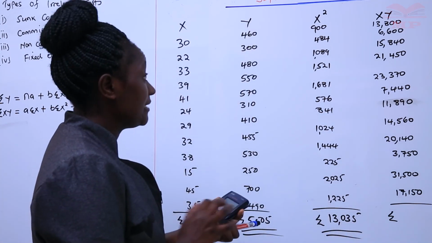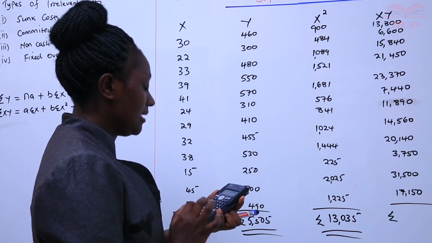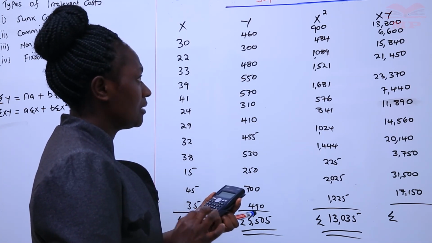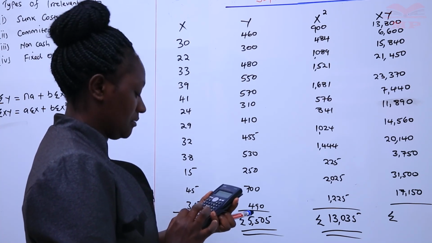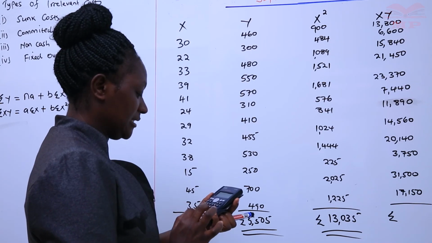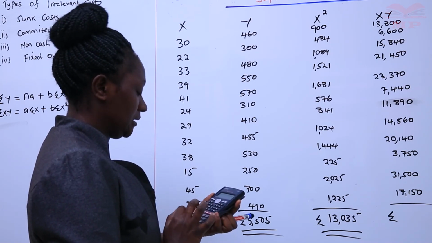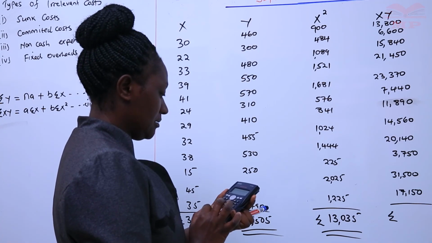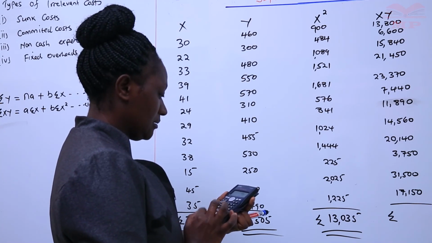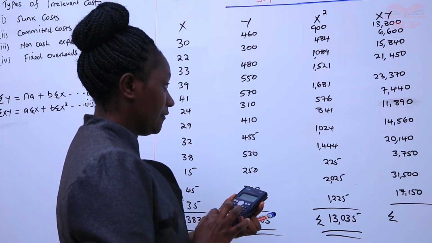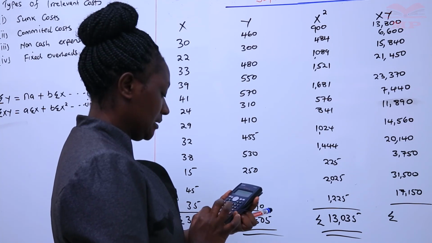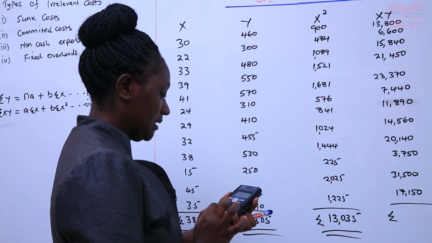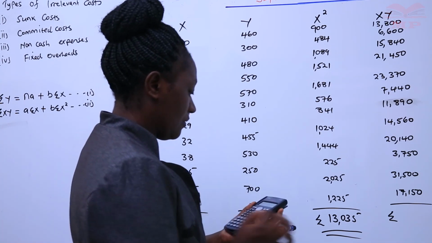And then lastly, we calculate the xy. 13,800 plus 6,600 plus 15,840 plus 21,450 plus 23,370 plus 7,440 plus 11,890 plus 14,560 plus 21,400 plus 3,750 plus 31,500 plus 17,150.